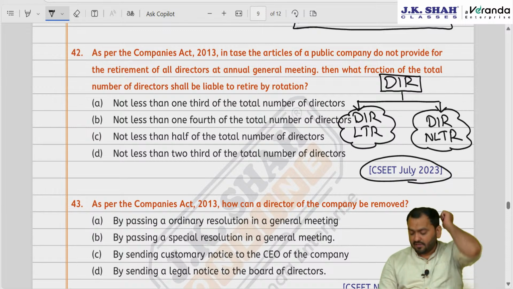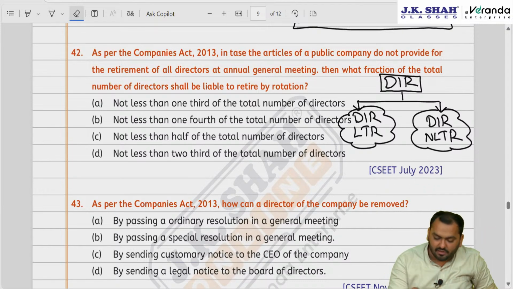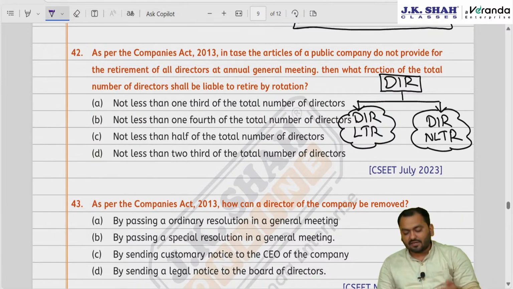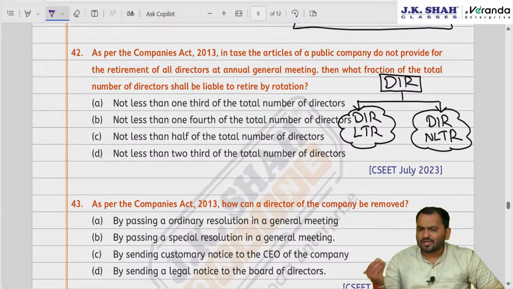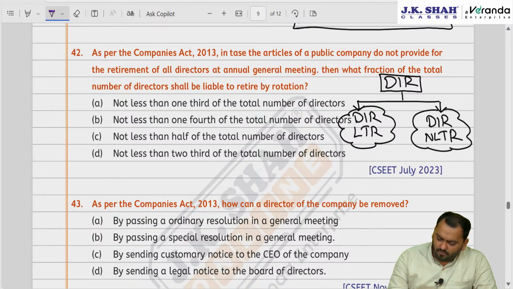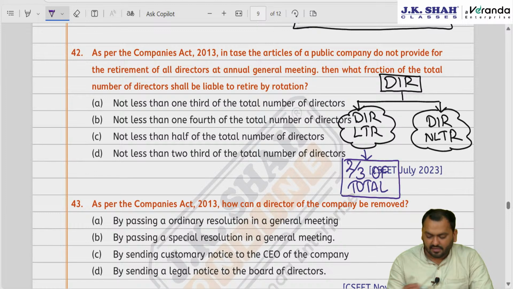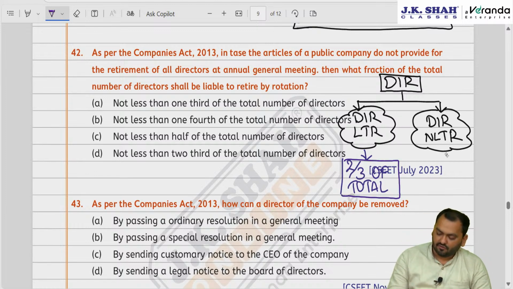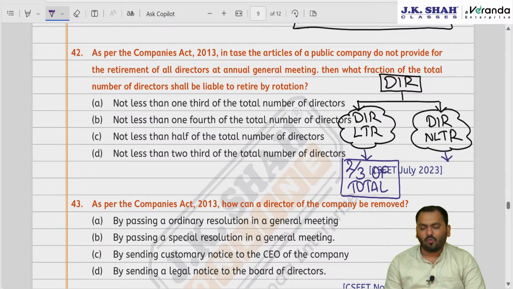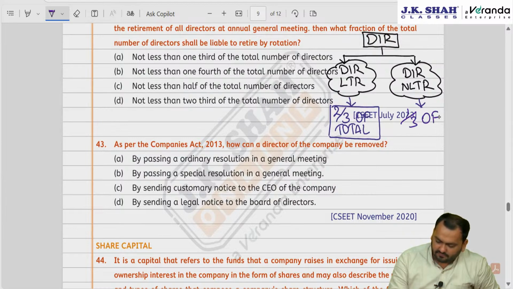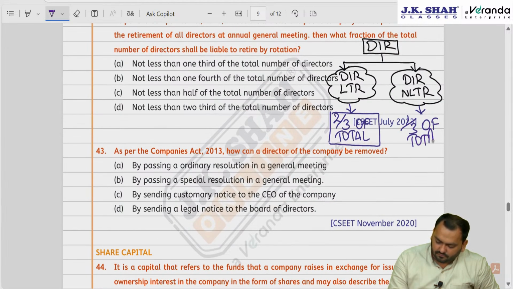There are two types of directors: directors who are liable to retire by rotation, and directors who are not liable to retire by rotation. I am saying liable to retire, meaning I am not saying they will actually retire. So how many are liable to retire and how many are safe? Directors who are liable to retire are 2/3 of the total number of directors, and directors who are not liable to retire are the remaining 1/3 of the total.